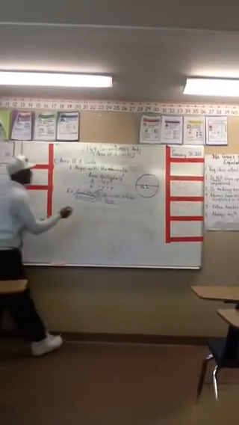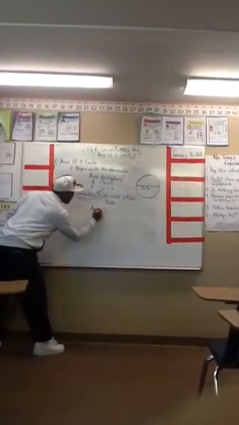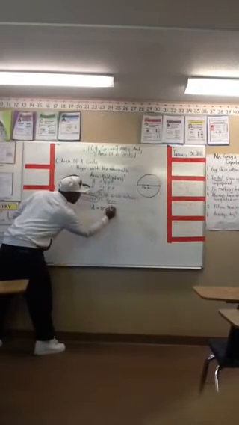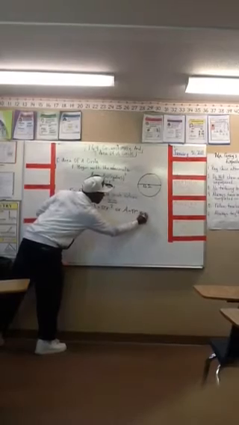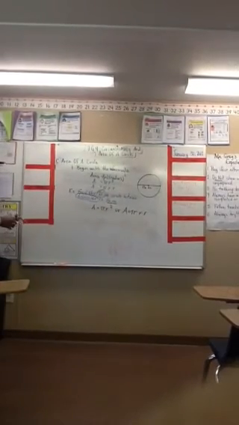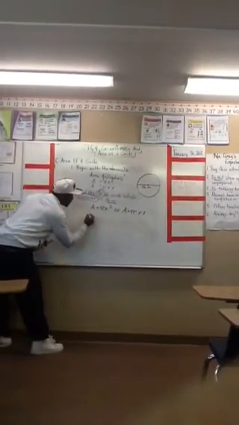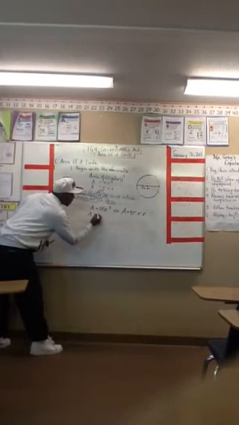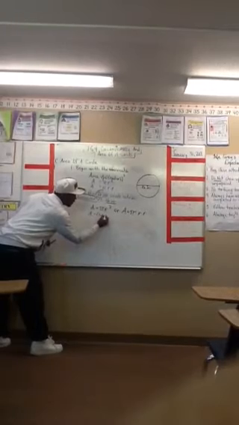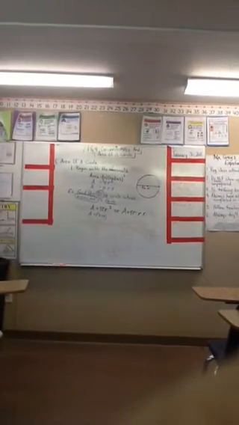My formula says A equals pi r squared, or A equals pi times r times r. I don't know what A equals, but I do know what pi is. What's pi? Everybody. 3.14. What's my radius? Does the problem give me the radius?